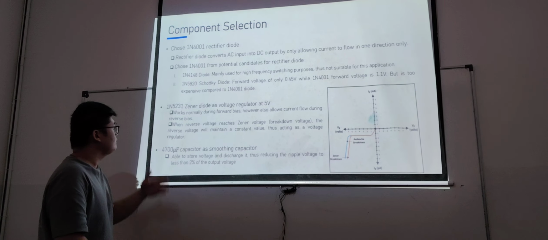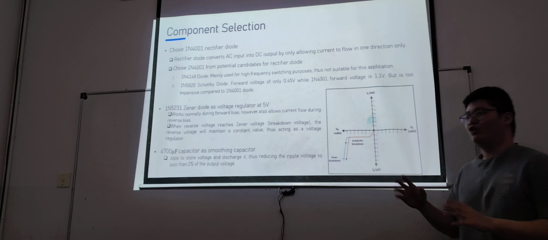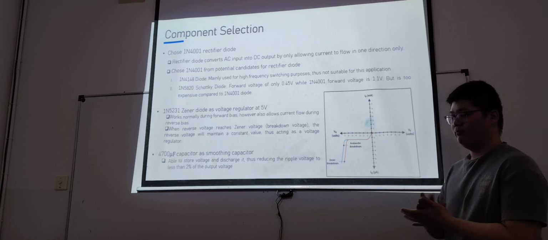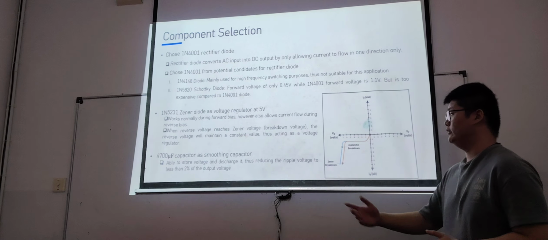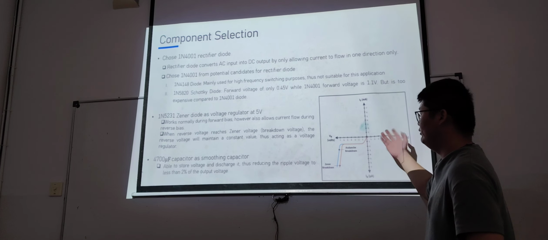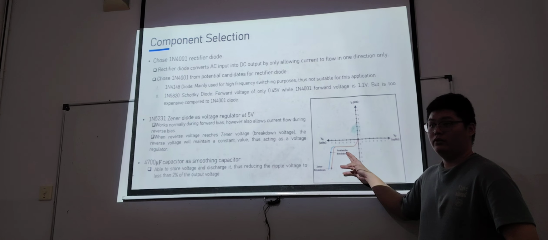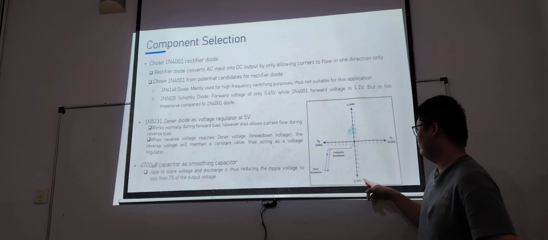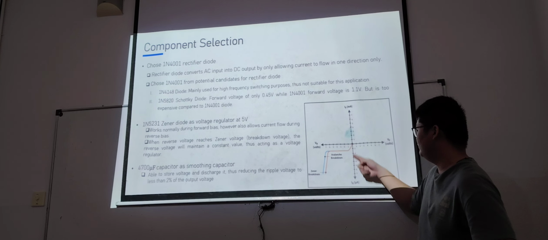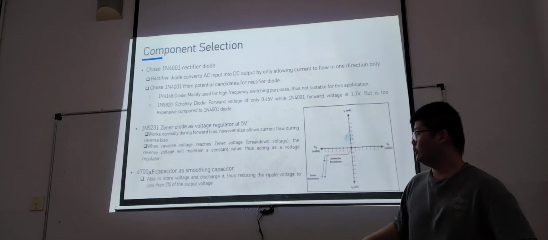So basically, the Zener diode works like a normal diode during forward bias. However, when it's placed in reverse bias, it allows current to pass through. As you can see here, the reverse current slowly goes down as the reverse voltage increases.